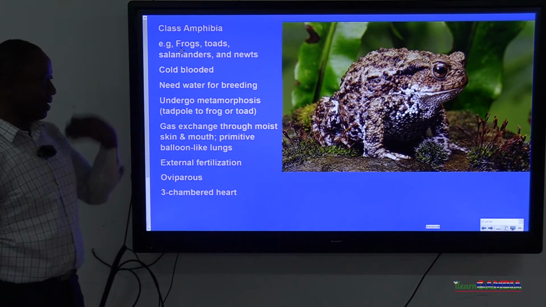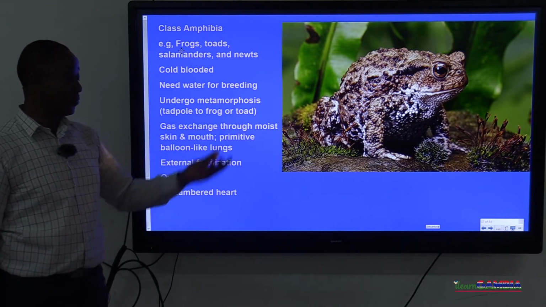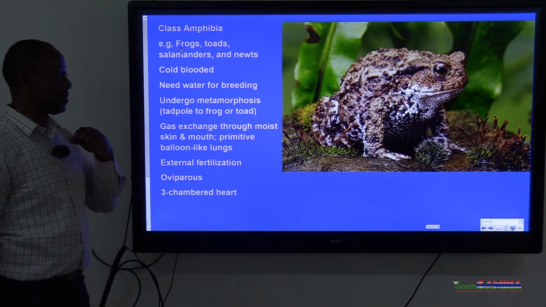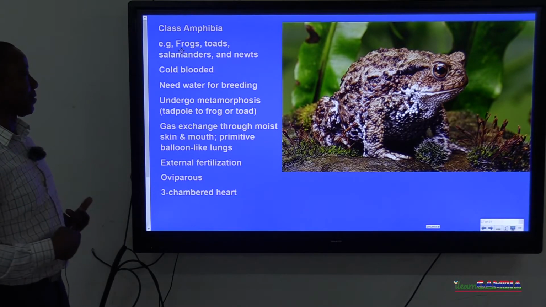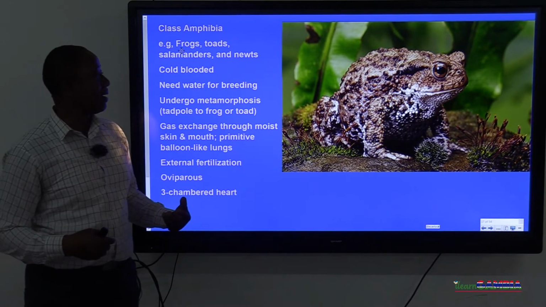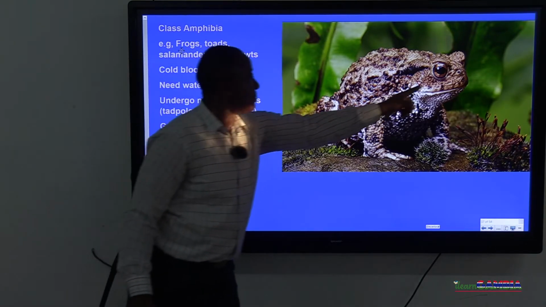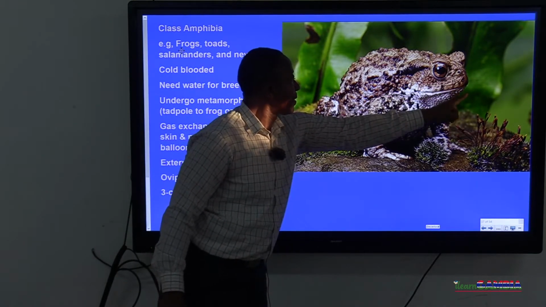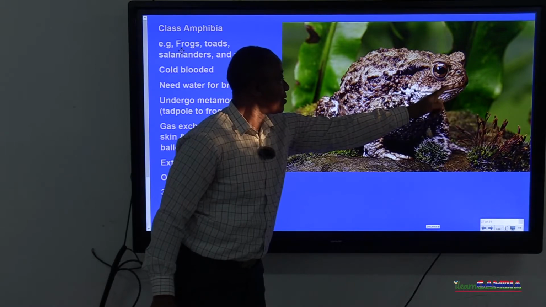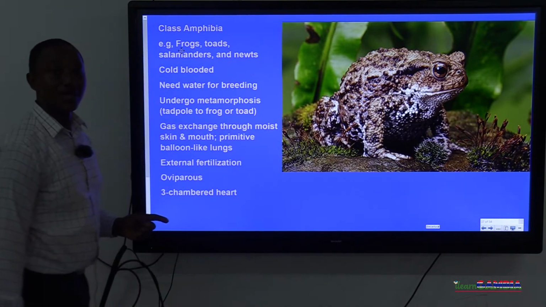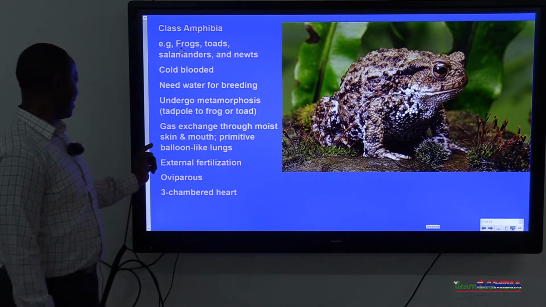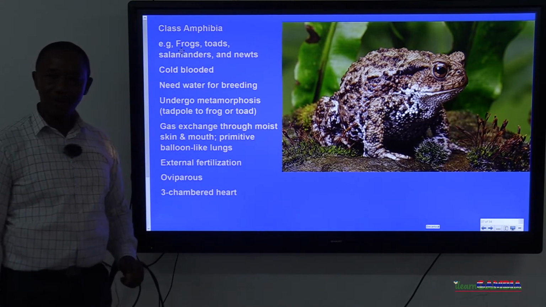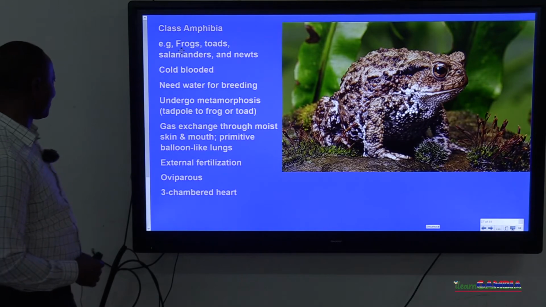Whatever air comes in, usually through the nostril, when it dissolves in the moisture in the mouth, then they are able to get oxygen. And the last one is the lungs: air goes in, and it goes into the lungs, and they are able to use that. They have balloon-like lungs that they use for breathing.